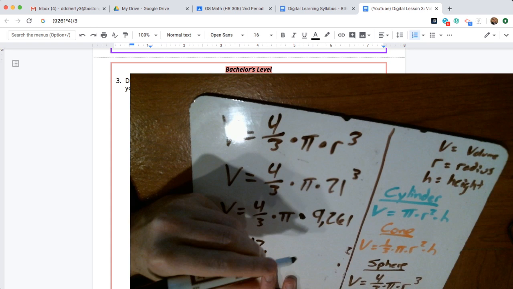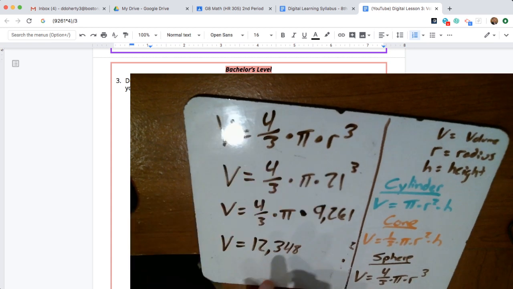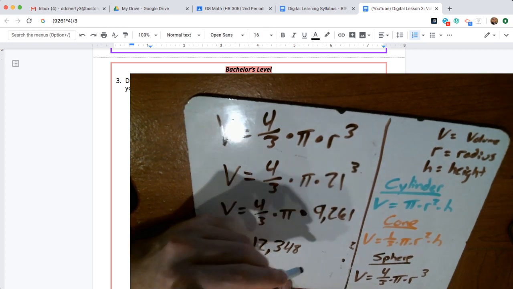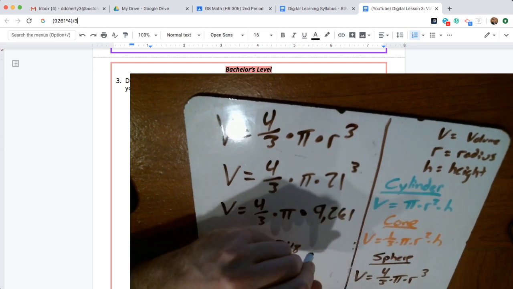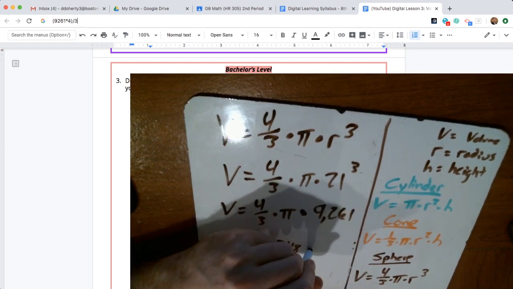So again, to multiply by 4/3, all I do is take my number here, 9,261, multiply by 4, then divide by 3. That produced 12,348. That 12,348 still gets multiplied by pi, which I'm going to switch to 3.14 at this point.